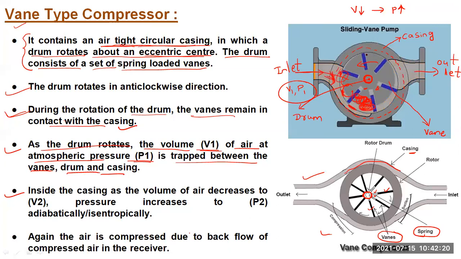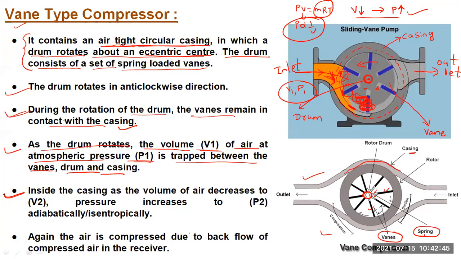Because we are considering this as an isothermal process, we have the ideal gas equation PV = mRT. If it is an isothermal process, then the right hand side is constant, so pressure is inversely proportional to volume. Inside the casing, as the volume decreases, the pressure will gradually increase.